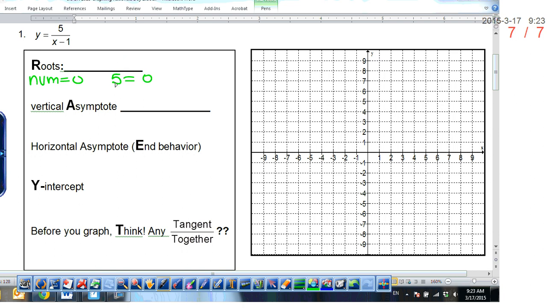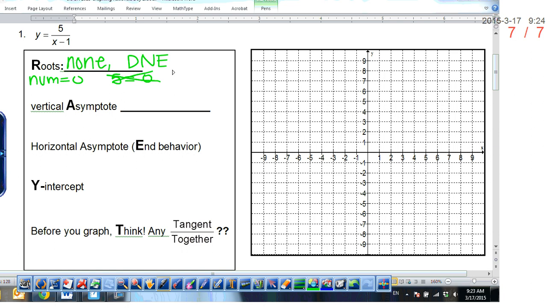Never. Yep, 5 never equals 0. So does this rational function have any roots? No. This rational function has no roots, so remember you can say none, or you can say DNE for does not exist. Don't just leave it blank, okay? You have to give me none or DNE.